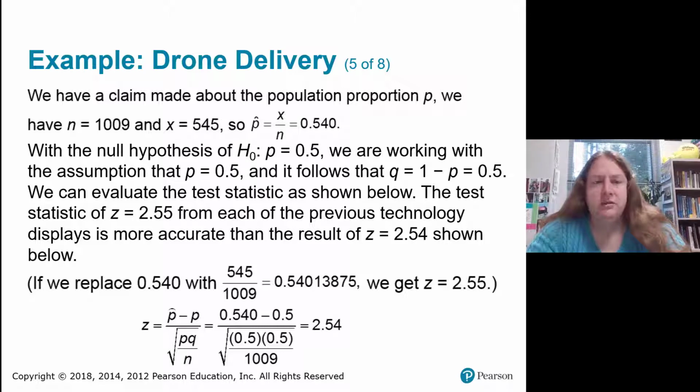We find all of the values we're dealing with here. We're going to be assuming our null hypothesis is true, so we'll assume p is 0.5. And we'll find a test statistic of z equals 2.55 using our normal distribution table.